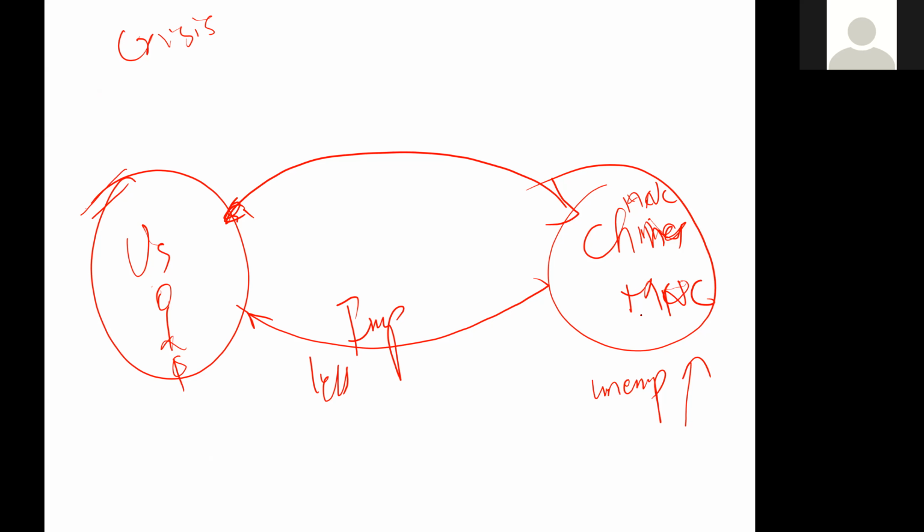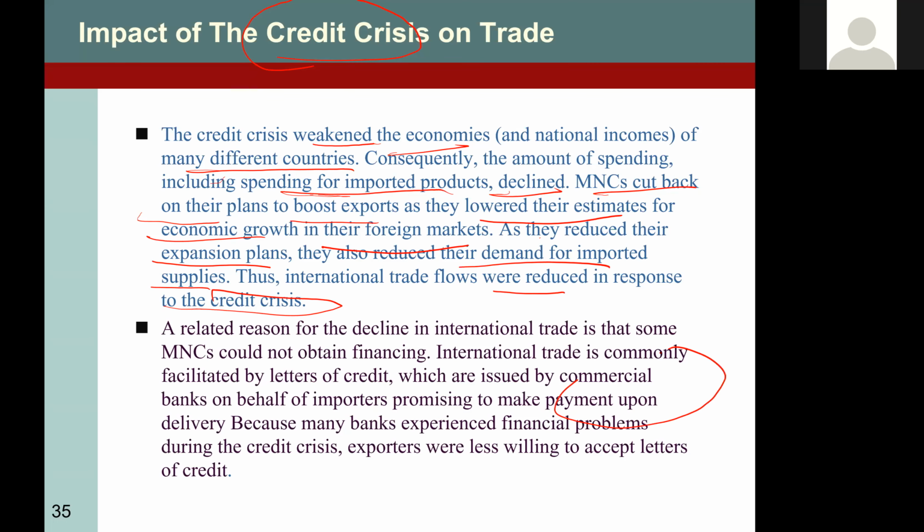So they decrease their forecast of production. When they decrease their forecast of production, they lay off people. So unemployment in China rises.